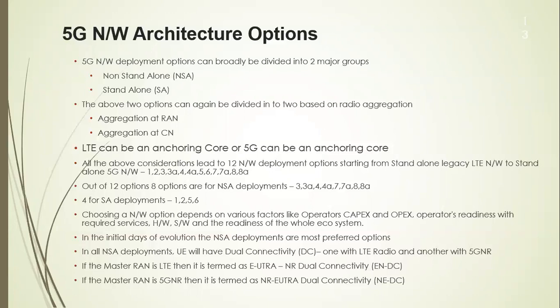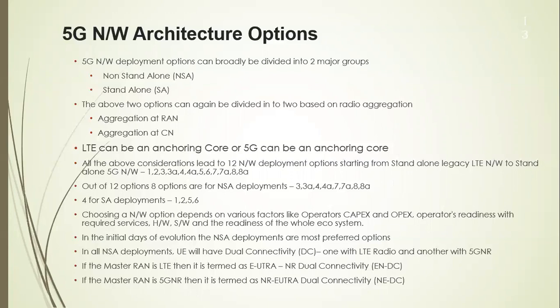So we will see the NSA non-standalone deployment options. The non-standalone deployment options are 3, 3a, 4, 4a, 7, 7a, 8, 8a, and the standalone options are 1, 2, 5, 6. Which option to choose will depend on the operator's requirement. Is he migrating from a legacy 4G network and starting to deploy 5G as hotspots within the 4G coverage area?